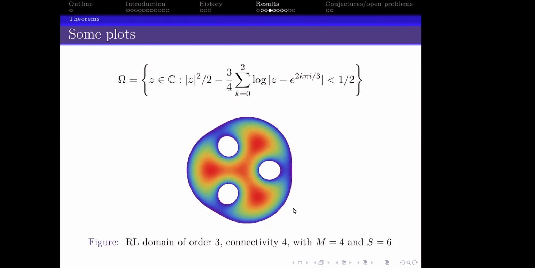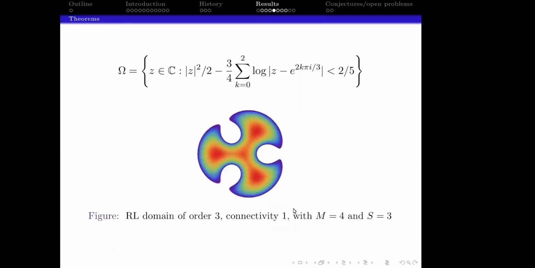And because there are 3 holes, connectivity is 4. So if you know the number of maxima, then by the topological theorem that we did, S minus M is k minus 2, you compute that the number of saddles is 6. So if the number of maxima is 4, and the number of saddles is 6, then the total number of critical points is 4 plus 6, 10.